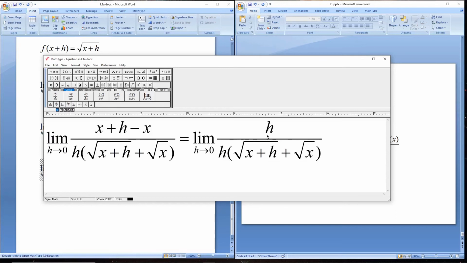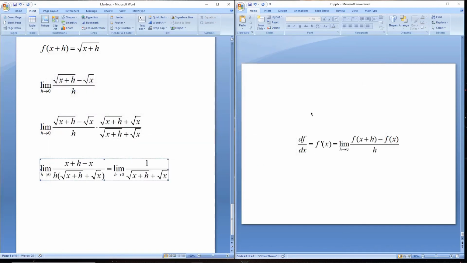And now right here, this is why we didn't distribute, because now h divided by h means these divide out. And so here's our limit we're doing.